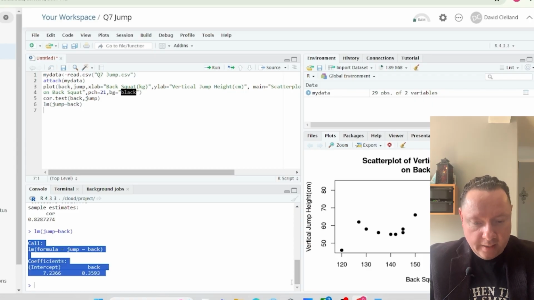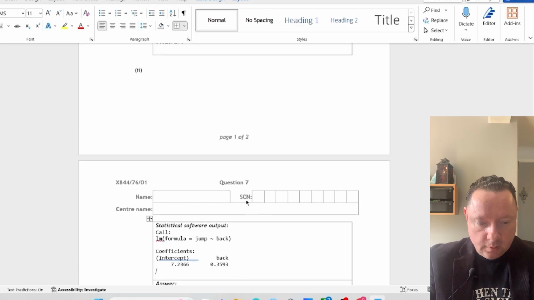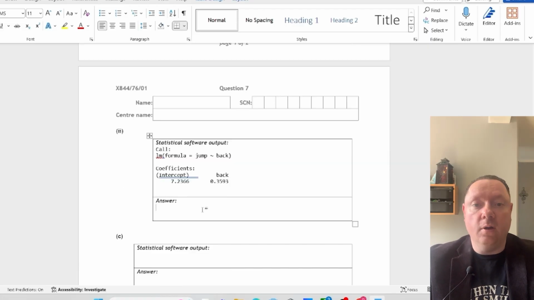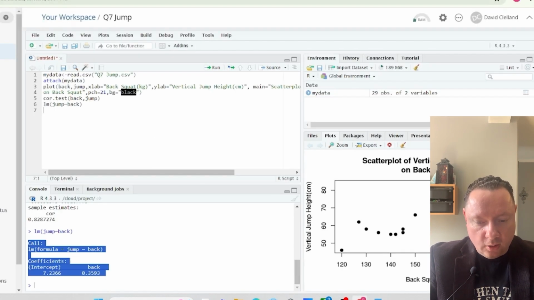And we get output. Let me just copy that into our file again. So there's our output, but our answer is not our output. We need to be able to interpret this. So coefficients, and intercept is this and back is that. If you go back to our graph here, the vertical jump height's on the y-axis and the x-axis is back squat.